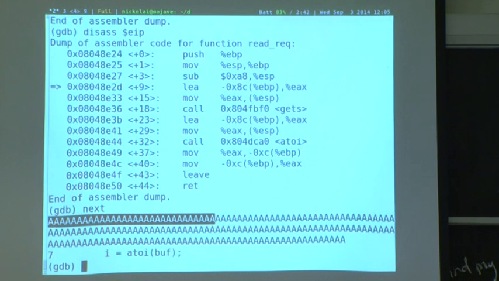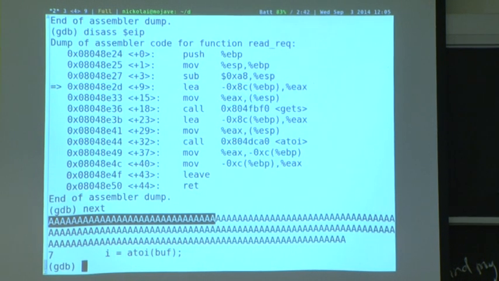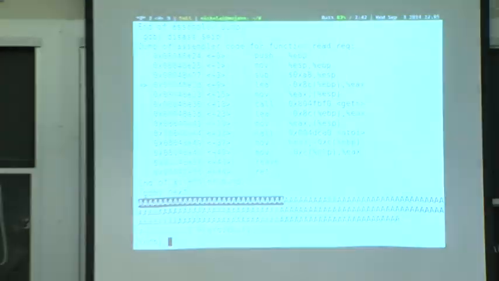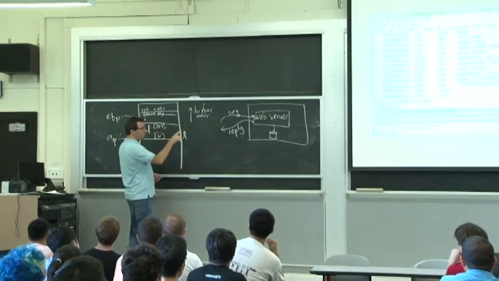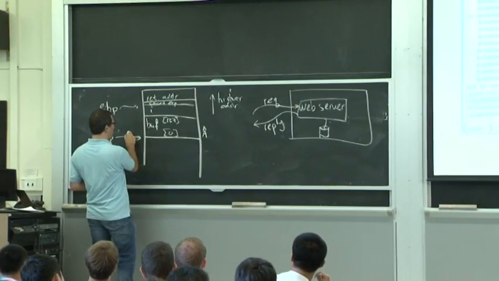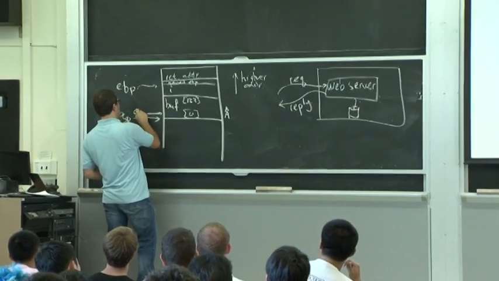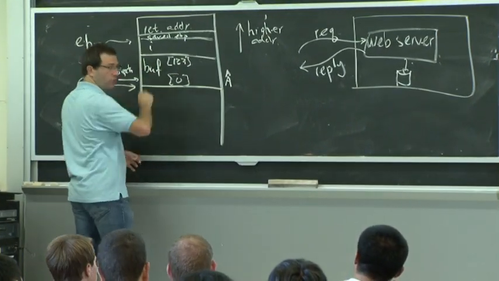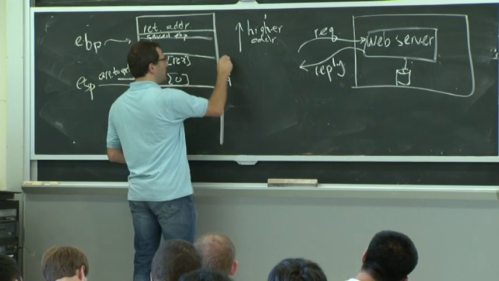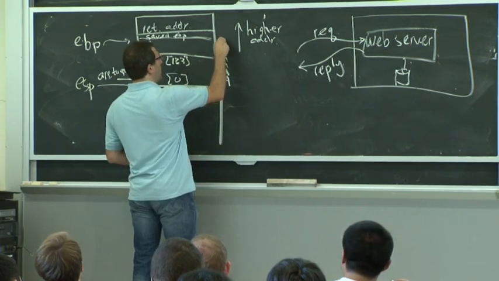So actually, what do you guys think happened? I printed out a bunch of A's. What did gets do to the memory? So it just keeps writing A's here, right? All we actually passed to gets was a single pointer, the start of this address. So the argument to gets is a pointer to this memory location on the stack. So it just kept writing A's. And it doesn't know what the length is, so it just keeps going.